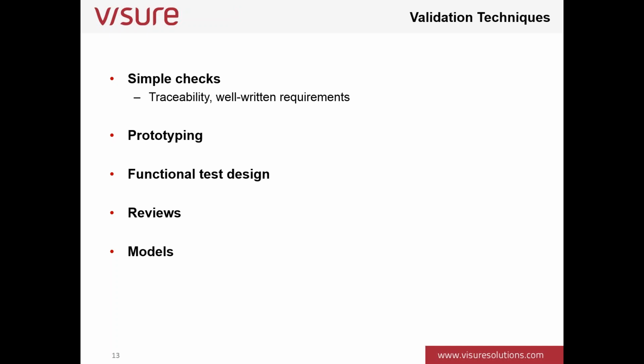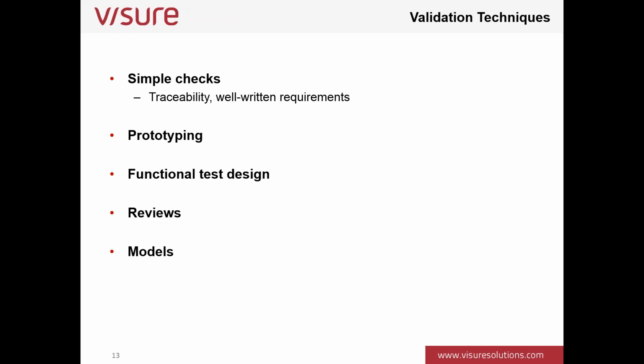Probably there are more of them, but I think these are a good set of techniques to start with, which are going to be simple checks, different checks that we can perform to ensure that the requirements are fitting the needs, checking traceability of those requirements, checking that the requirements are written in a proper way, things like that. I will be explaining that afterward.